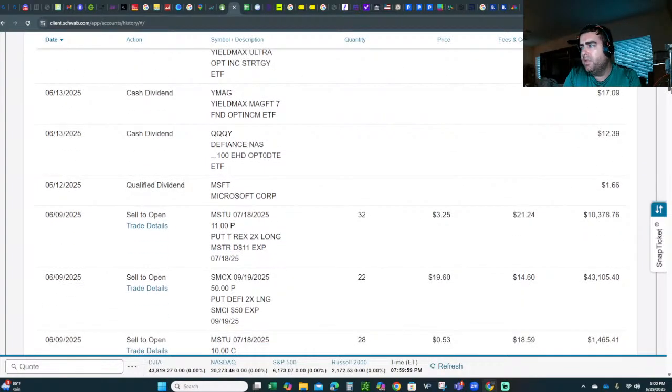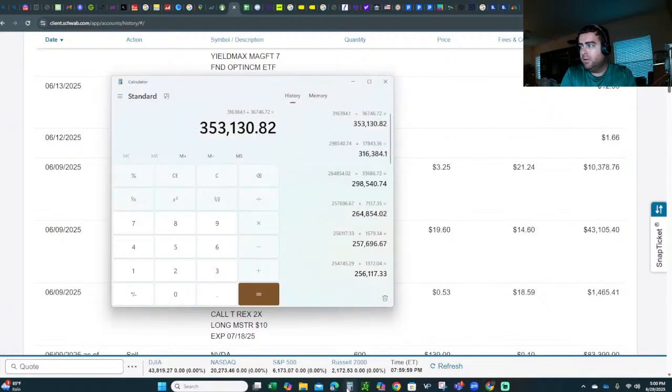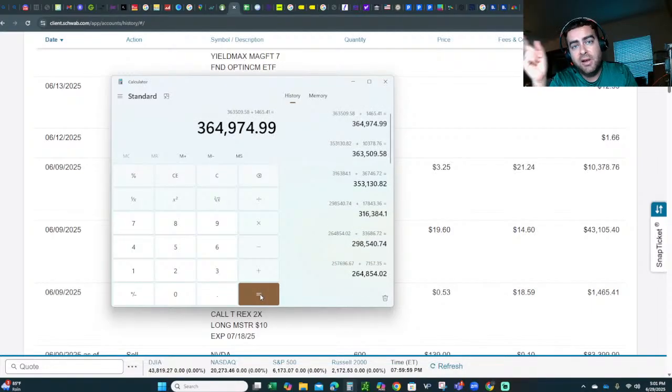Now the other trade I want to show is MSTU. This was one I opened in the beginning of the month that I haven't counted. So there's actually another 10,378.76 to add here, plus 1,465. And this is a call option that will never reach the price by expiry. So it's really 365. That to me, folks, is the perfect salary. It's $1,000 for every day of the year, right?